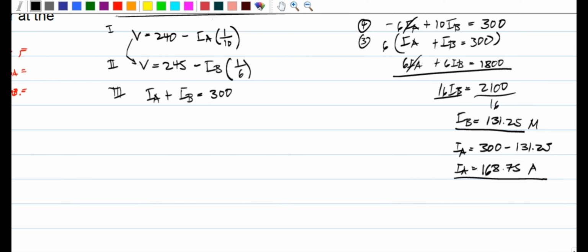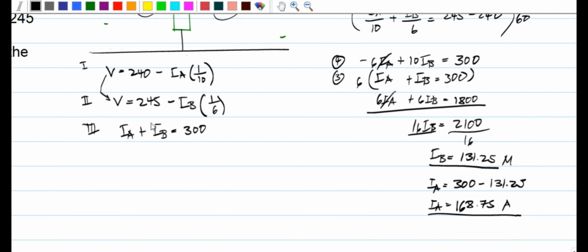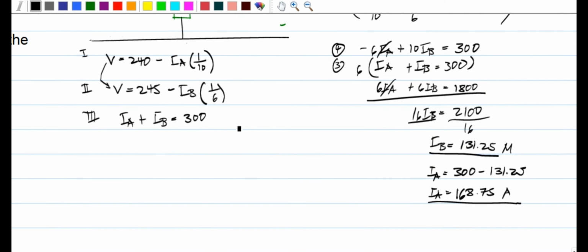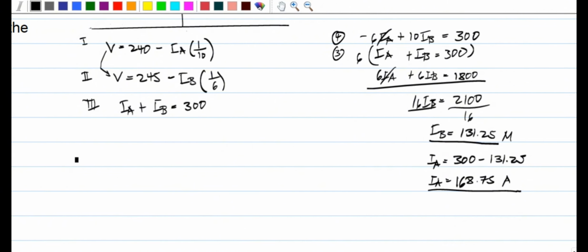Now the bus bar voltage from equation 1 and equation 2. Let's use equation 1. V is equal to 240 minus IA of 131.25 divided by 10.